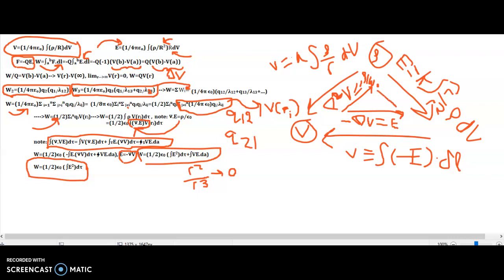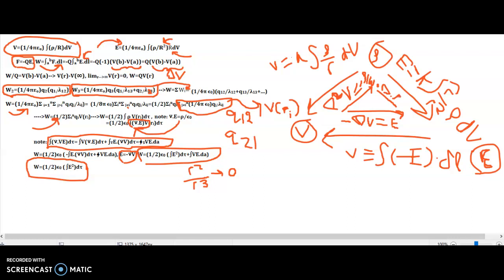And the final thing I can write is the electric field to the charge density, which would just be Gauss's law for electric fields.